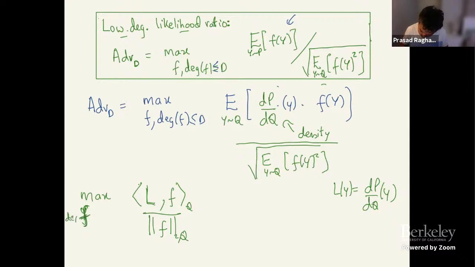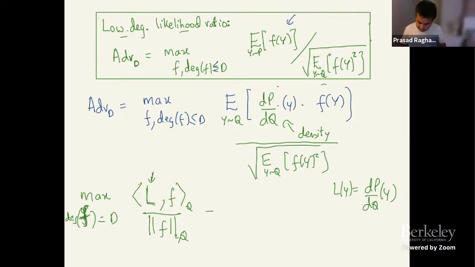So if the degree of f is d, you're looking for the best degree d polynomial that has the highest alignment with a given function L. And the best polynomial that has the highest alignment with this given function L is just the low degree projection of that function.